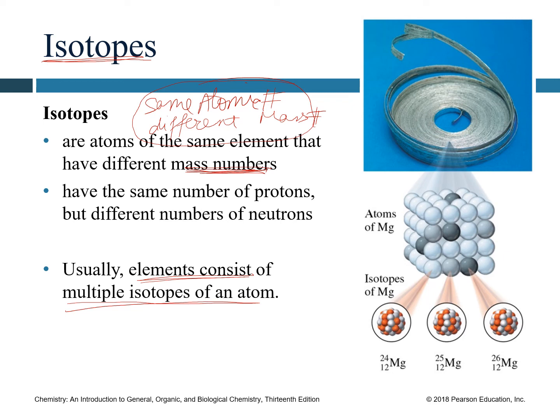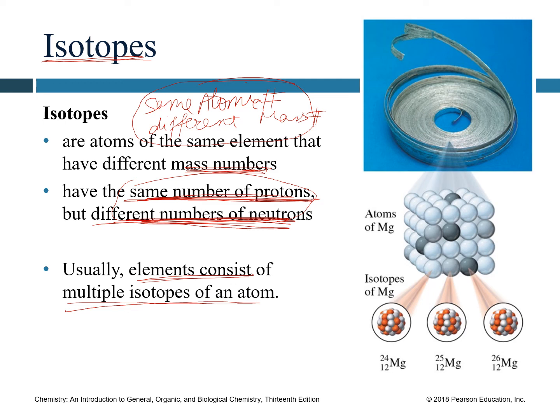If they have the same atomic number, they will always have the same number of protons, but a different number of neutrons. These are called isotopes. Most of the elements in the periodic table exist as multiple isotopes of an atom.